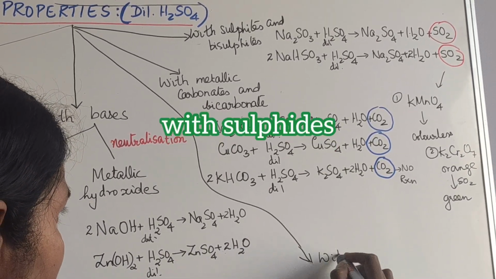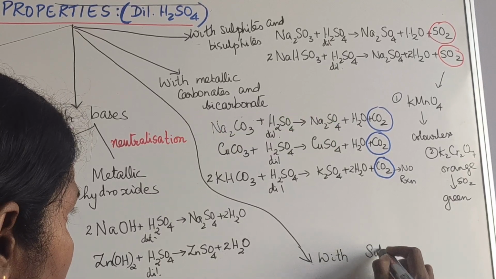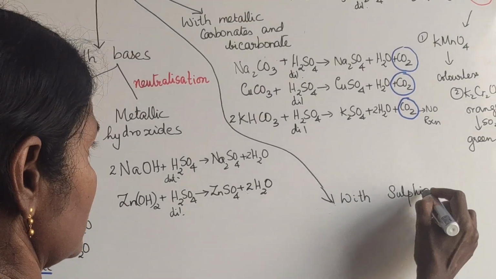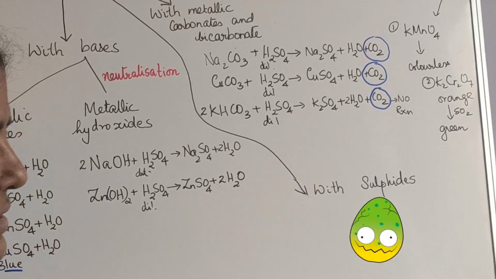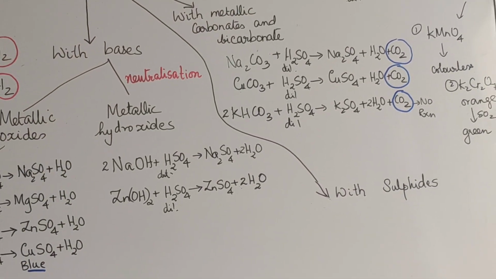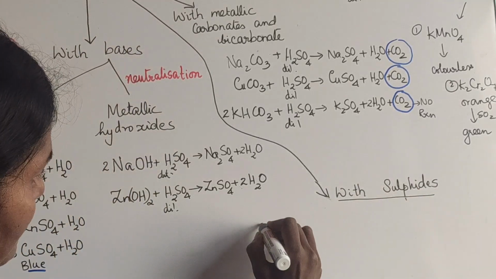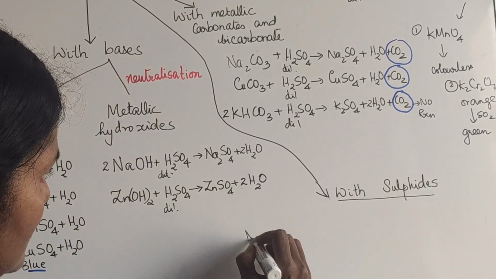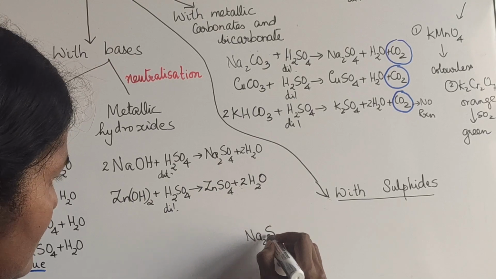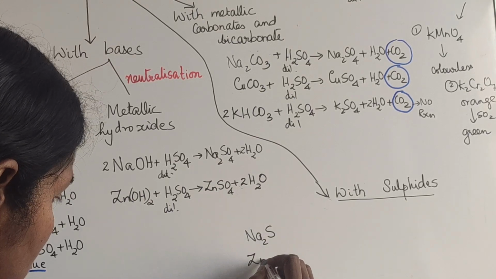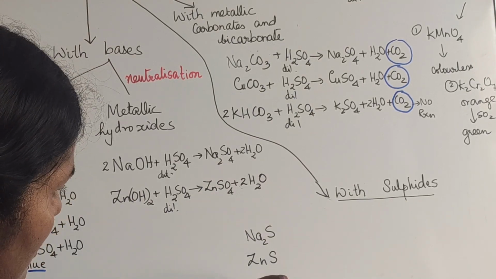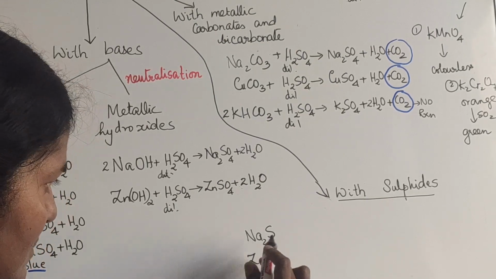With sulfides, you have a rotten egg smelling gas, that is hydrogen sulfide, that is evolved. Okay, so that is the gas here. Again, let us take sodium sulfide, maybe we can take zinc sulfide and iron sulfide.